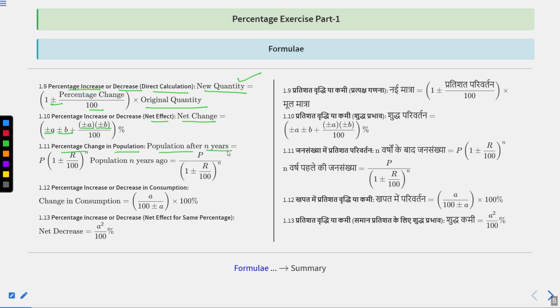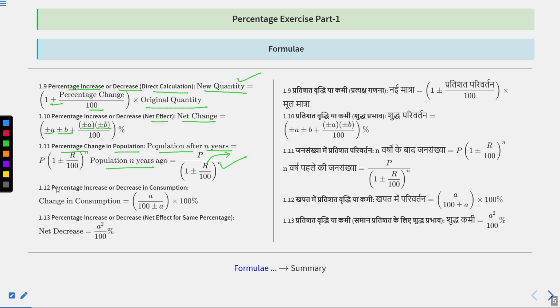Population after n years will be P into (1 plus or minus r upon 100) to the power n. Population n years ago is P upon (1 plus or minus r upon 100) to the power n. n represents the years, r is the rate of change.